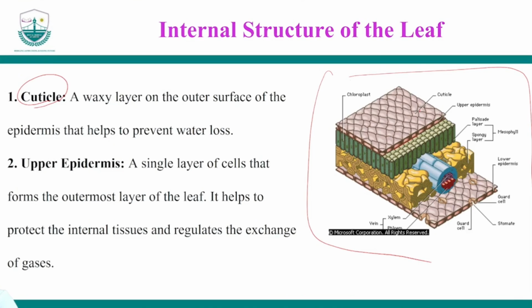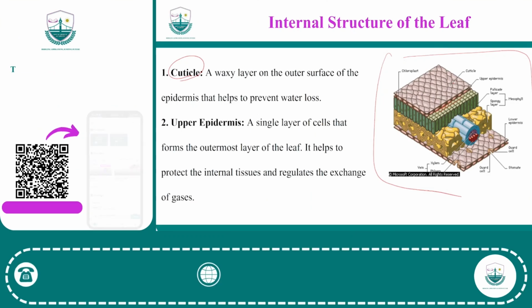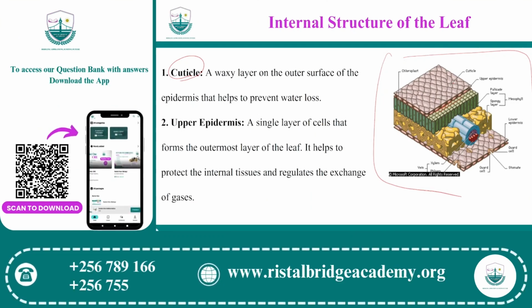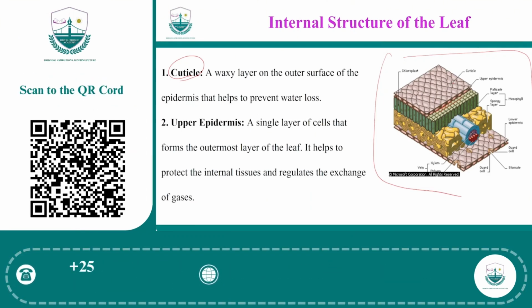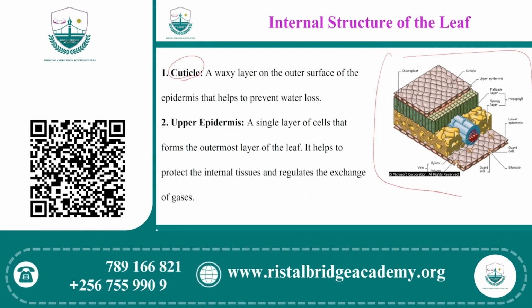The upper epidermis is a single layer of cells that forms the upper part of the leaf. It helps in protecting the inner structures of the leaf, and also plays an important role in the regulation or exit of gases.